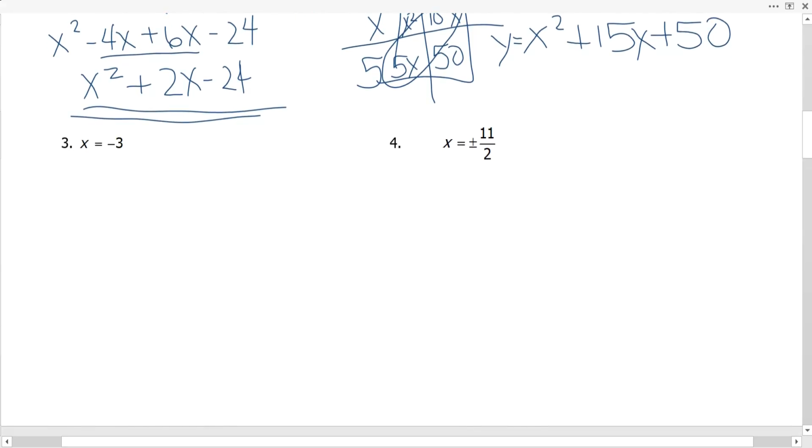Okay, number 3. If x is only equal to -3, then I know that x plus 3 equals 0. If it has one solution, that means that the other solution is still -3. So I really have x plus 3 times x plus 3.